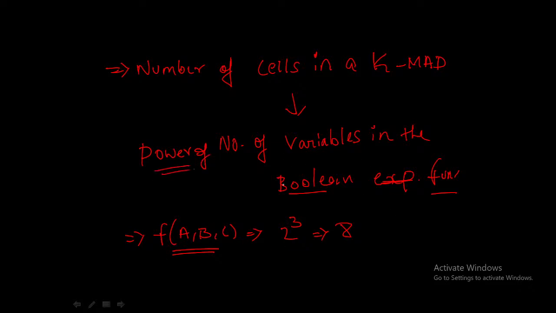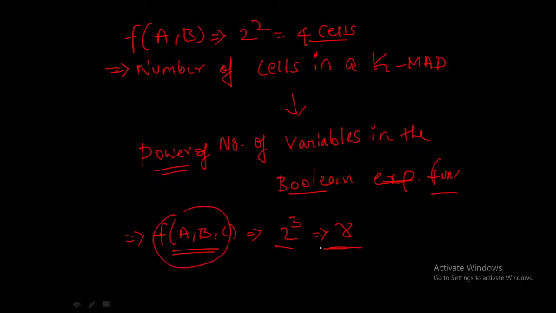If you have 2 variables, that is f of a comma b, then the number of cells in that K map will be 2 squared, which is equal to 4 cells. So for a two variable Boolean function the number of cells is 4, and for a 3 variable Boolean function the number of cells is 8.